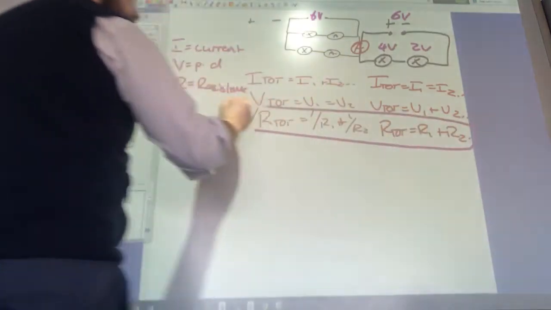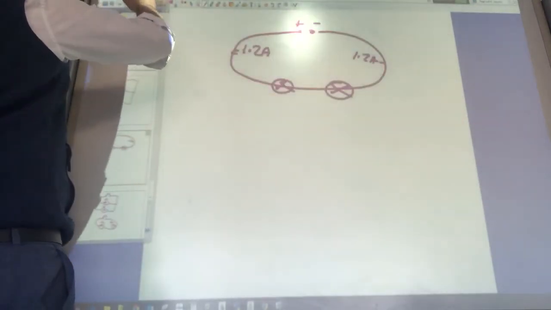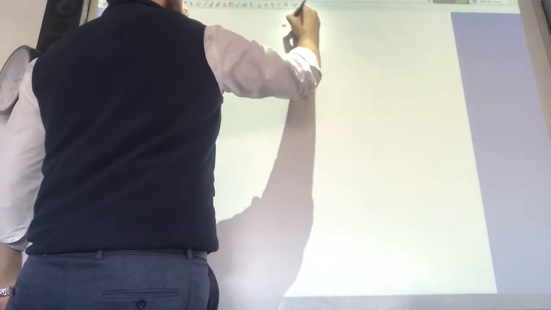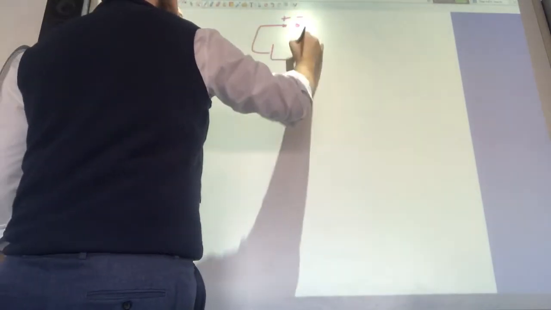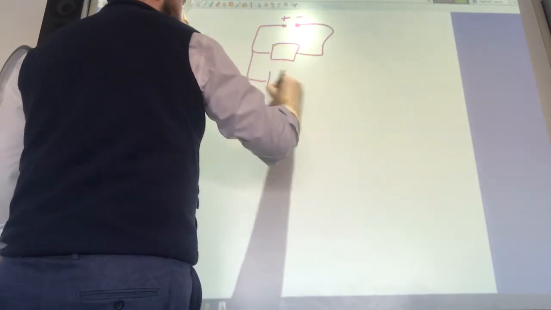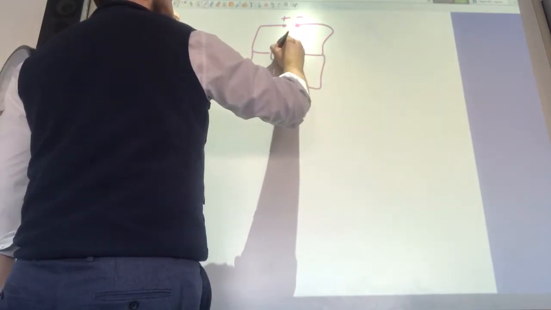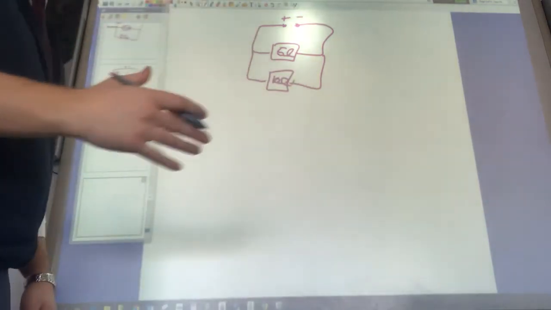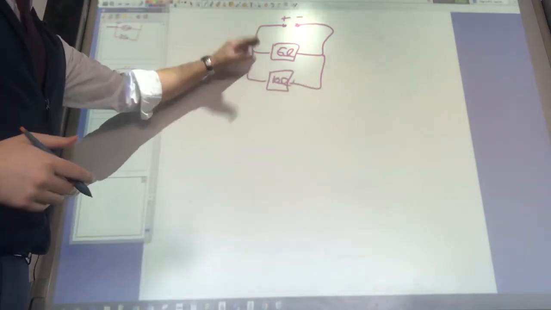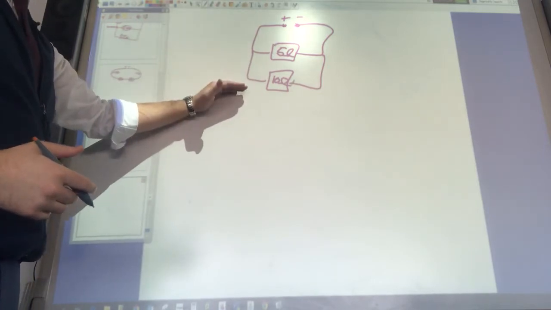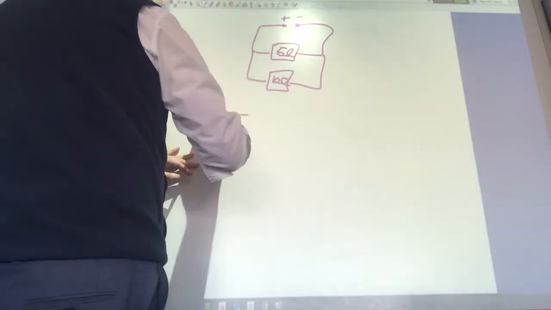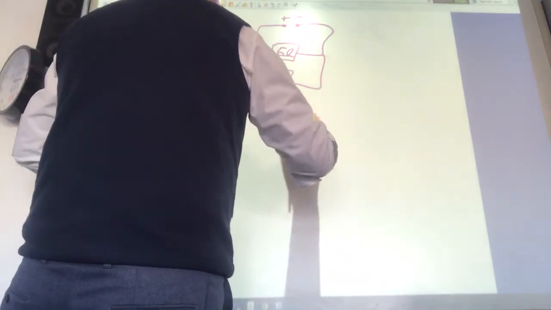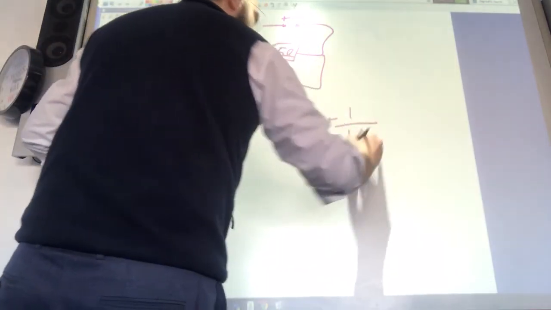For the resistance then, I'm going to draw a parallel circuit that has a couple of fixed resistors in it. Say that this is 5 ohms and that this is 10 ohms. In a parallel circuit, the resistance is always smaller than the smallest resistor. To find the total resistance, it's 1 over 5 plus 1 over 10.